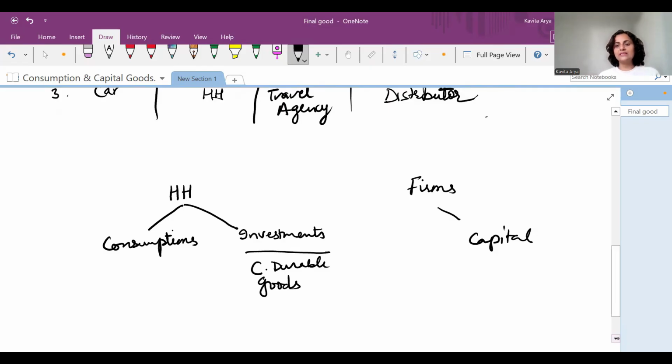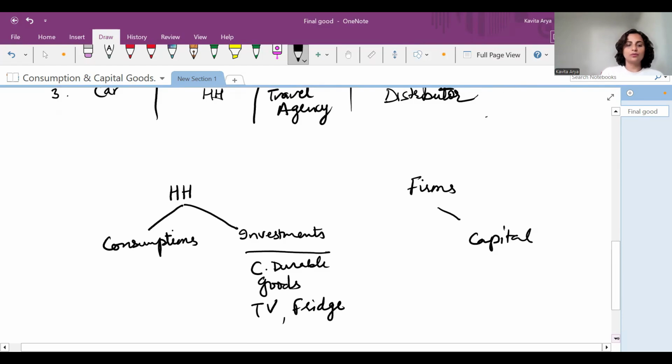So when investments are talked about for households, we say these are consumer durable goods, for example, TV, fridge, and other consumption goods like groceries, milk, sugar. We say these are the consumption goods.